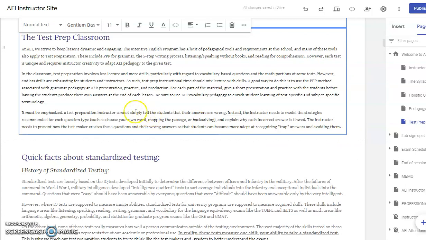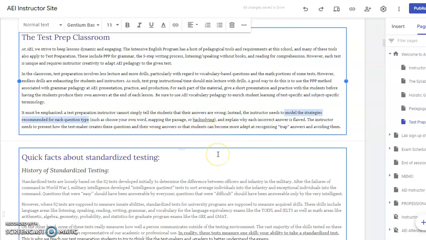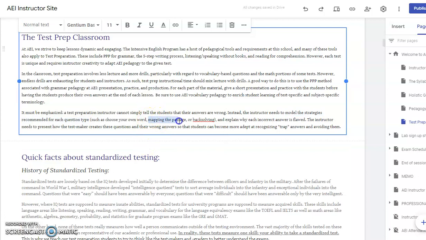It must be emphasized a test preparation instructor cannot simply tell the students that their answers are wrong. Instead, you need to model the strategies recommended for each question type, such as choose your own word for the fill in the blank type questions of sentence equivalence and text completion, or mapping the passage for all reading comprehension and critical thinking questions.